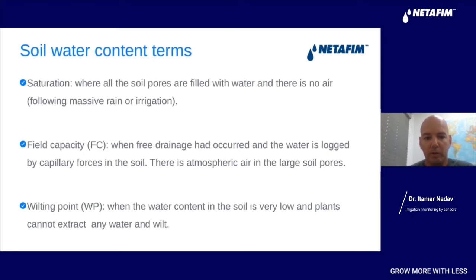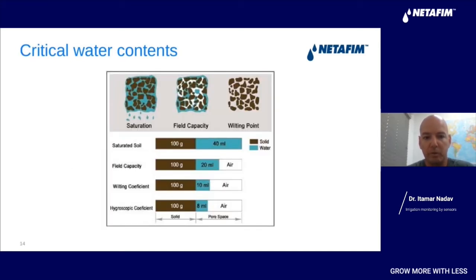The wilting point is where the water content is very, very low and the plants cannot extract any more water, and they actually wilt and die. This point is what we want to avoid and stay away from, and I will explain about it later.